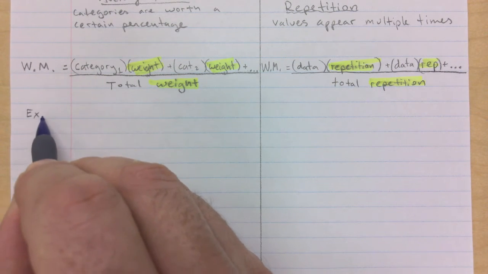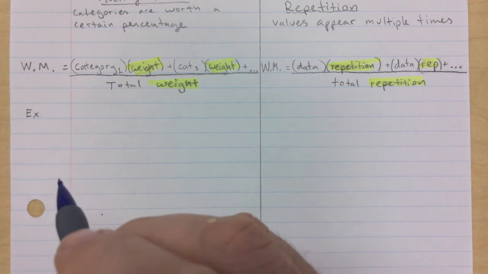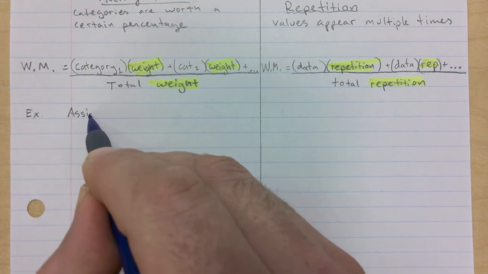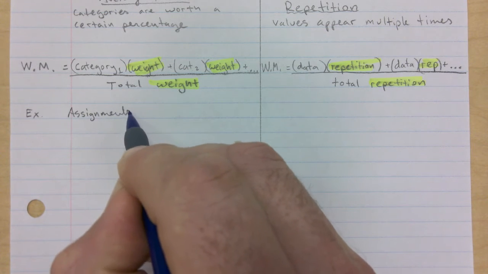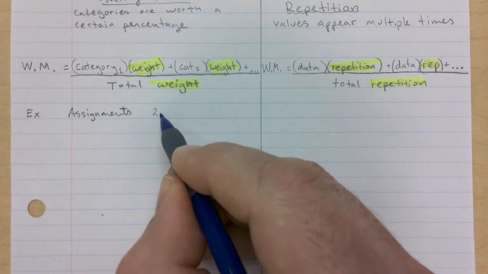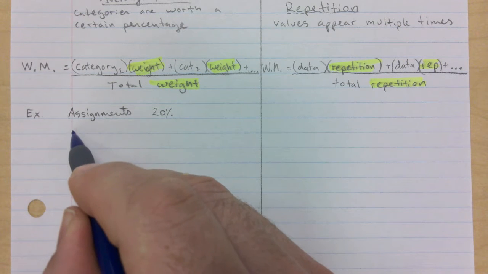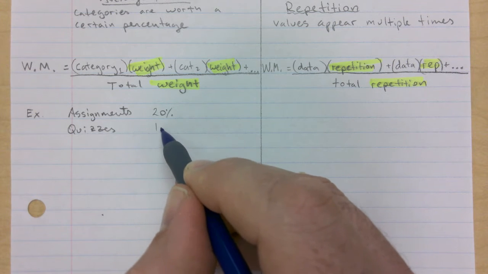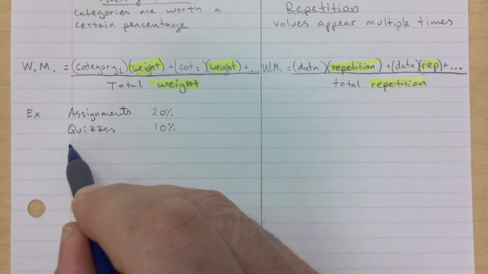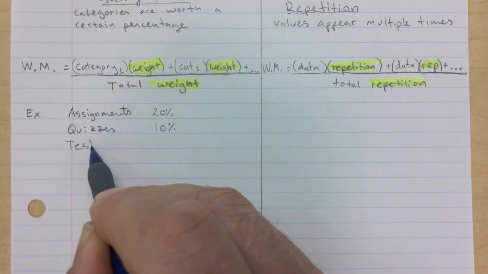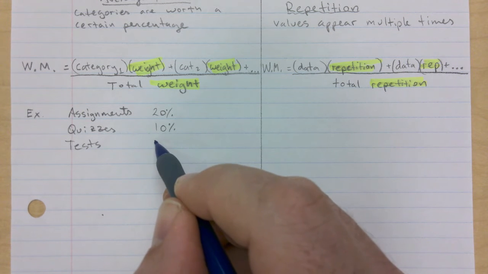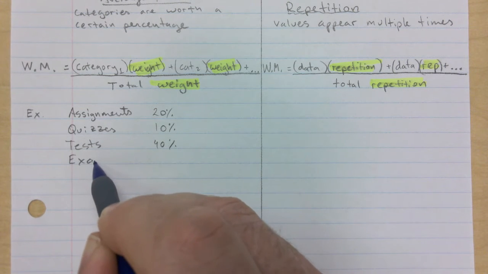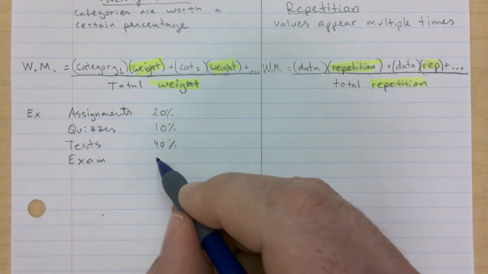Example for calculating the final marks. Assignments are worth 20%. Quizzes are worth 10%. Tests are worth 40%. Exam is worth 30%.